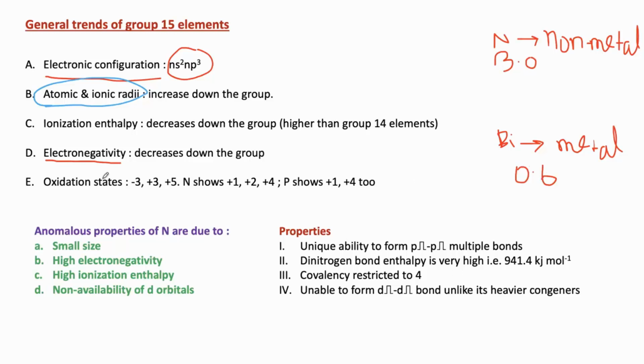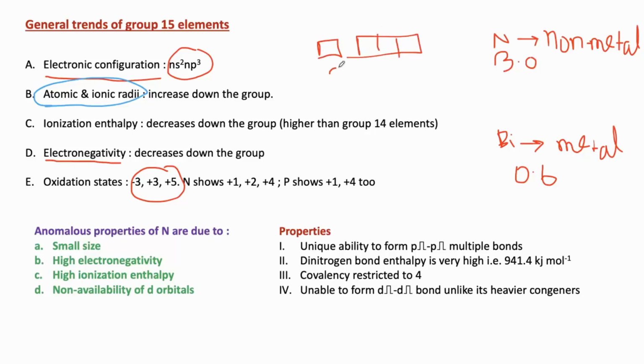In the next section, we will talk about the oxidation states of the group 15 elements, starting with nitrogen. The general oxidation states of these group elements are -3, +3, and +5, because the general electronic configuration is ns2 np3.